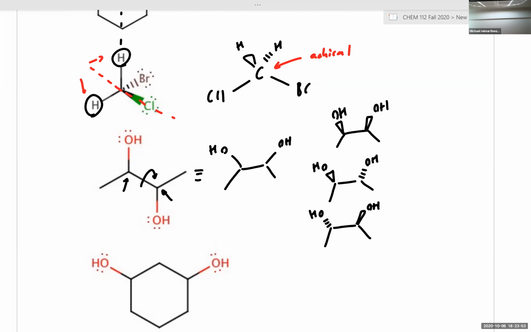Okay, so let's look at each of these molecules and let's try to determine which of these molecules possess an axis of symmetry. So looking at A, B, and C, just as a first guess, which molecules would you expect to contain an axis of symmetry?